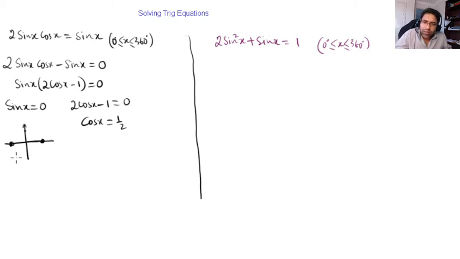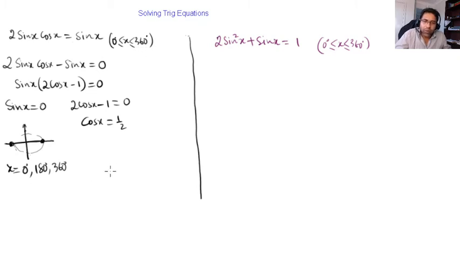So now our x will be 0 degrees, 180 degrees, and because our limit is up to 360 degrees, 360 is included, so x is also 360 degrees.